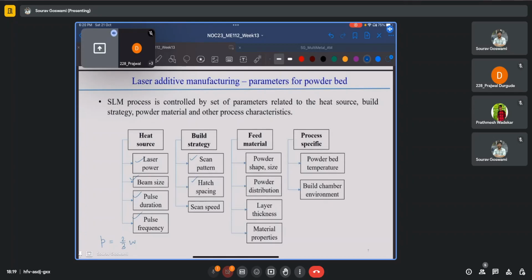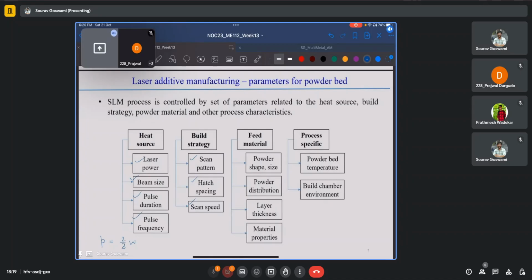Again, depending on the scan speed, our print characteristics will change. If the scan speed is too high, it may lead to insufficient bonding or lack of fusion types of defects. Or if the scan speed is very low, then we can have over deposition and very low production rates. Again, the type of the feed material used and the effort which we put into modeling the feed material will dictate our final results.